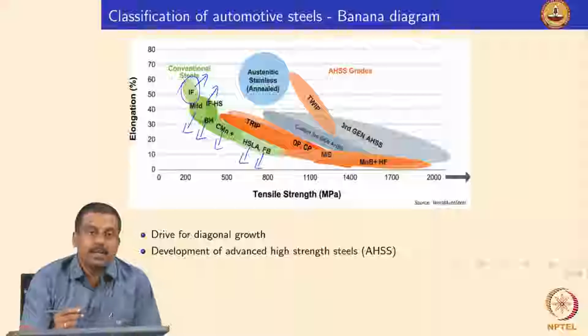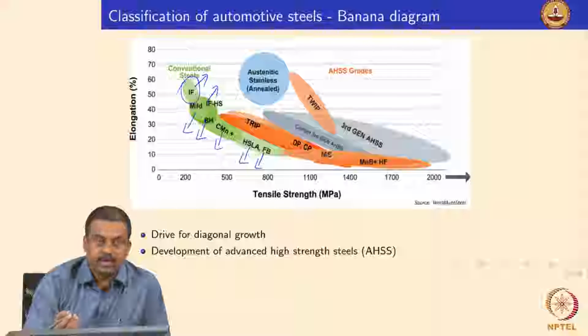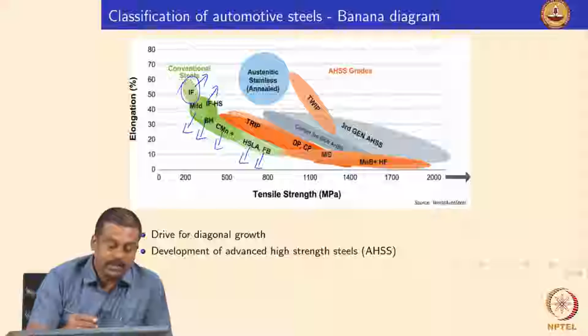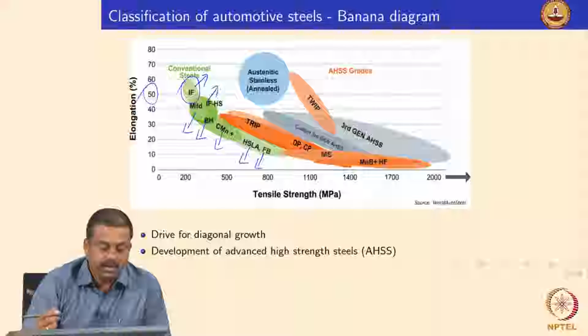If you recall my previous lecture, the majority of the conventional steels were all low carbon steels, which have excellent ductility. For example, IF steel has a percentage elongation of about 40 to 50%.